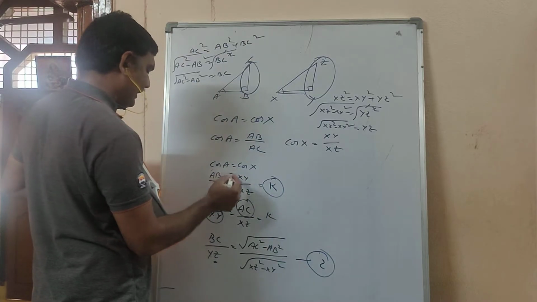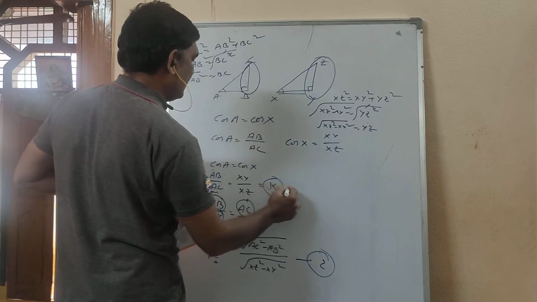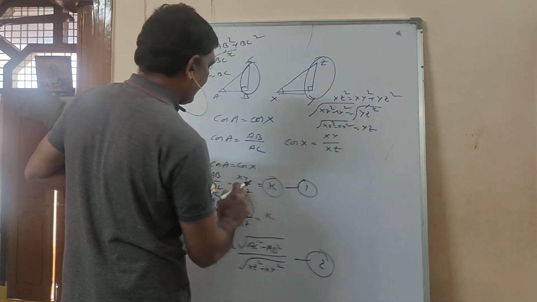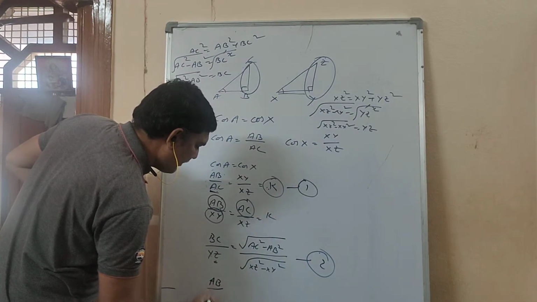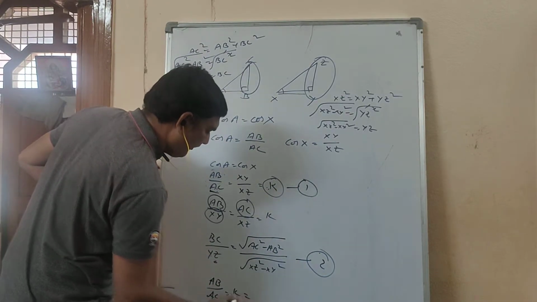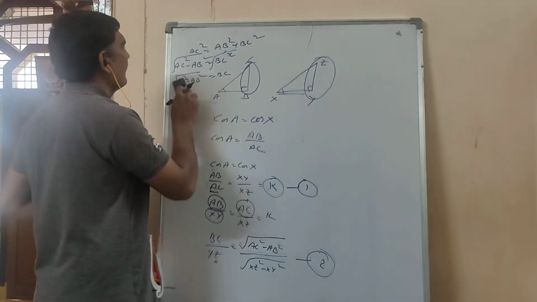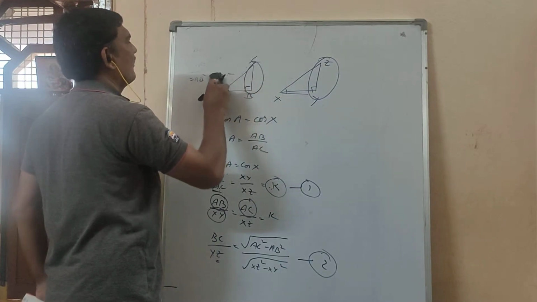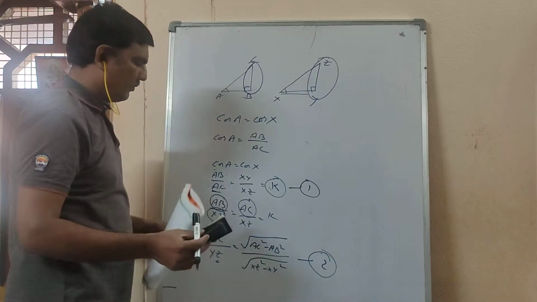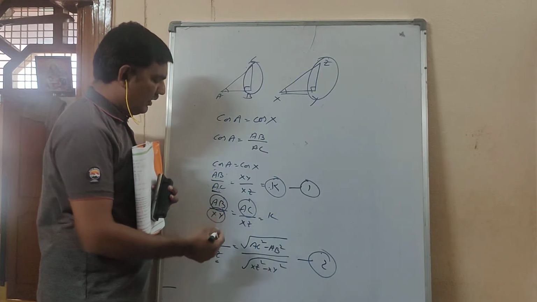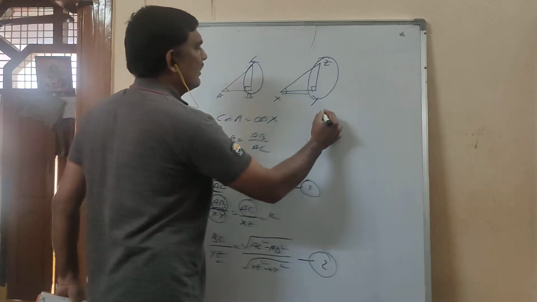Now I am taking the first equation, AB by AC is equal to k.